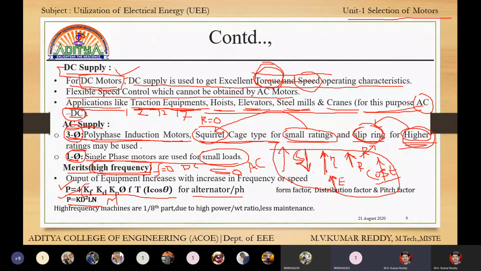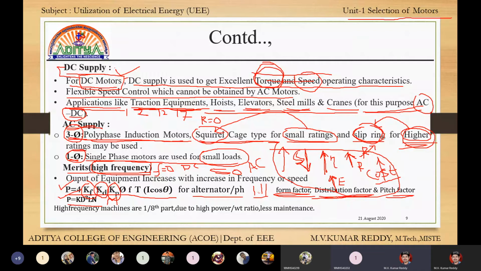Here Kf is the form factor, Kd is the distribution factor, and Kp is the pitch factor. For a sine wave, the form factor is 1.11.